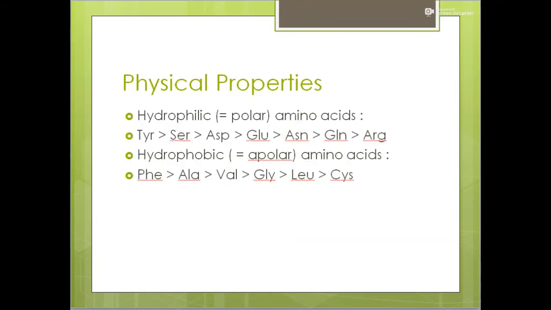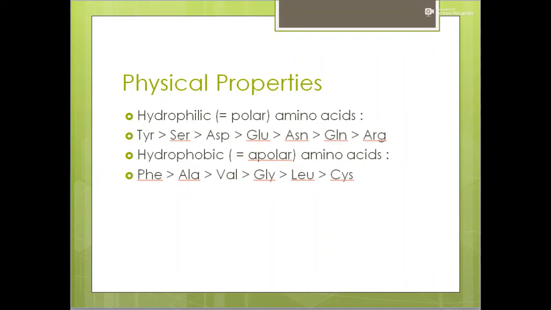Next we're going to talk about the hydrophilicity, or the water loving nature, of the amino acids. You can see that amino acids like tyrosine, serine, aspartic acid, glutamic acid, asparagine, glutamine, and arginine are found to be hydrophilic amino acids.